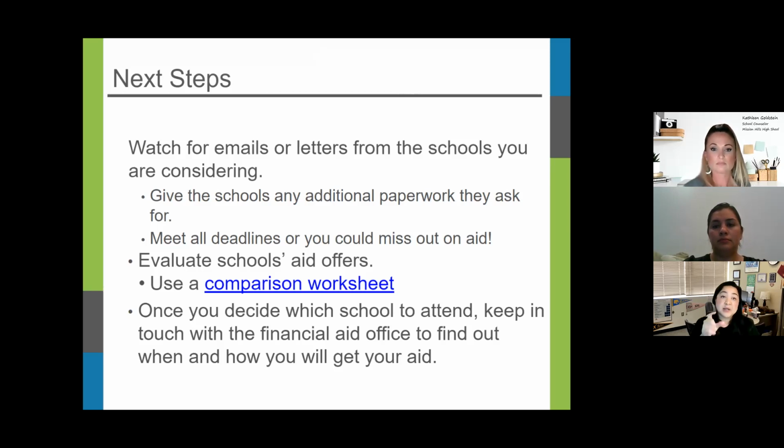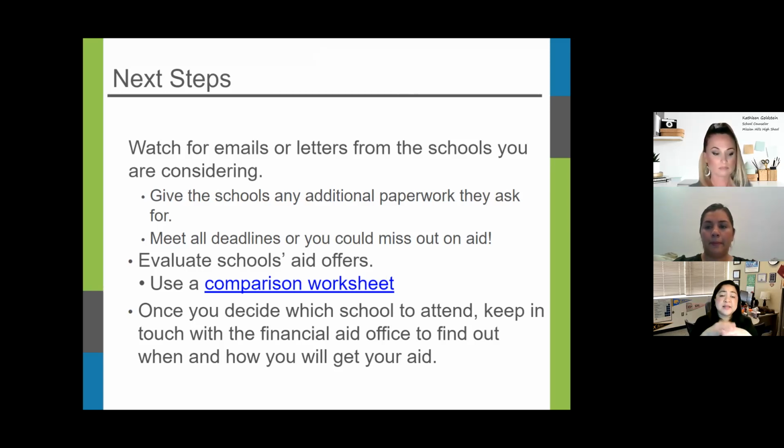So it'll be a unique letter for you and how your financial situation applies to that particular school. So every school that you're interested in will have that. And so the comparison worksheet comes in handy because sometimes the portals or the award letters can be formatted a little differently. So this comparison worksheet just has all the values and items that you should be looking for when you're comparing schools' financial aid offers.